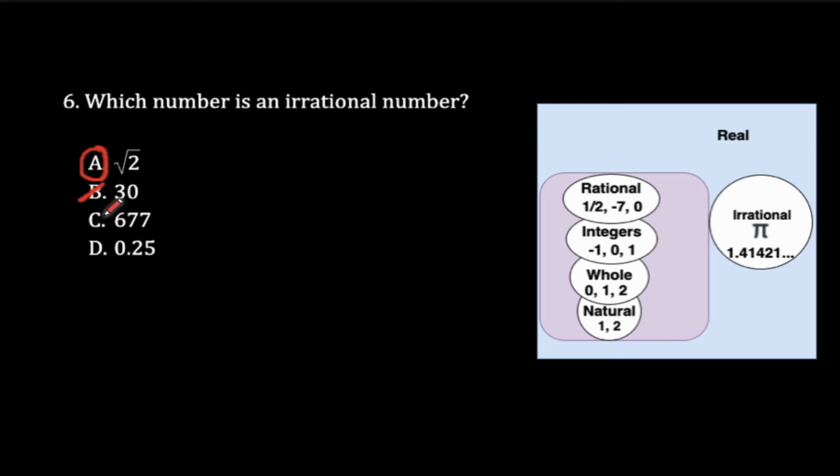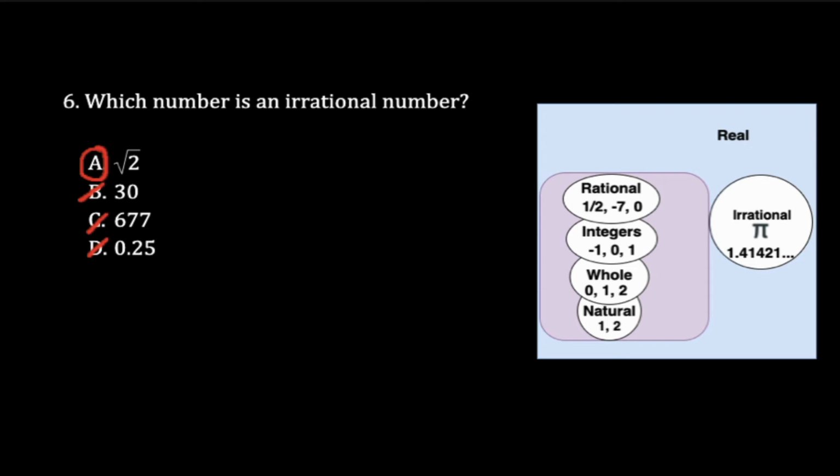So this is incorrect. 0.25? Well, this is a decimal number that actually terminates or ends, and its equivalent is 1/4. So this is not considered an irrational number, so this is not answering the question. All right, so answer choice A is the correct choice here.